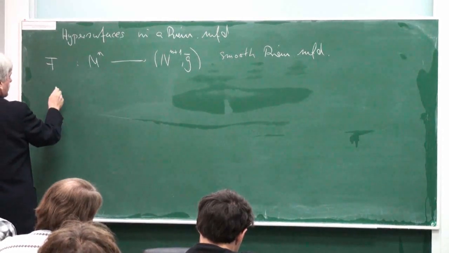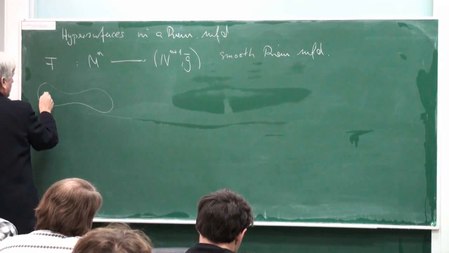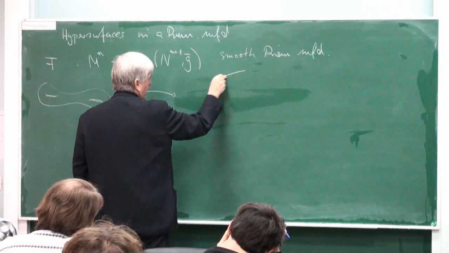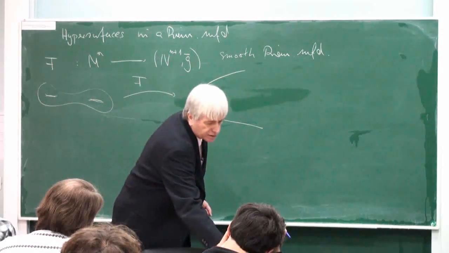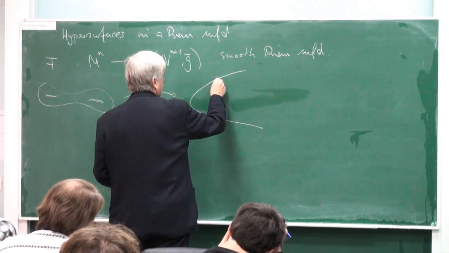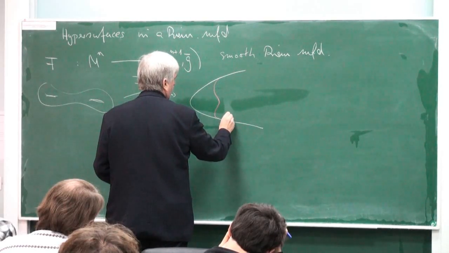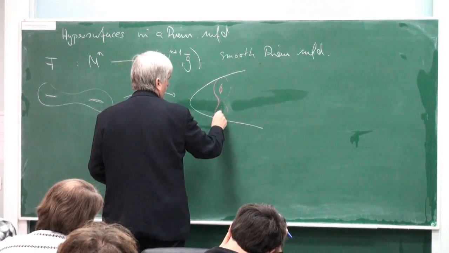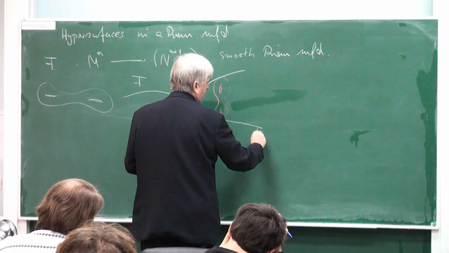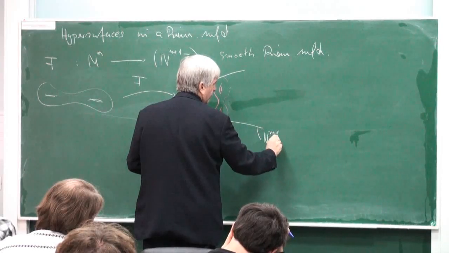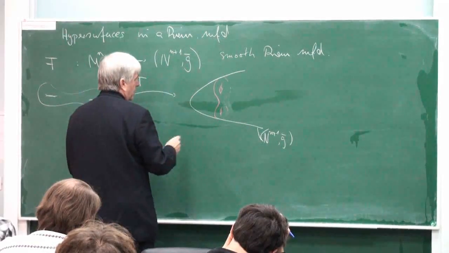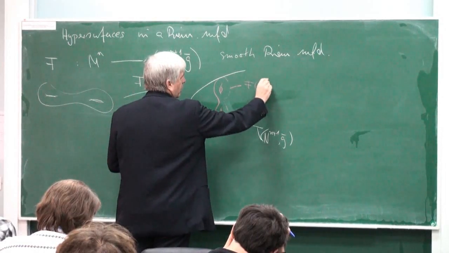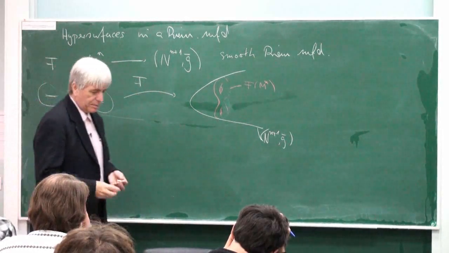You should think of this as some map F, and here you have the image F of M^n sitting in this manifold.